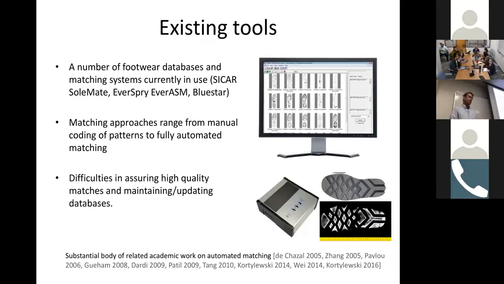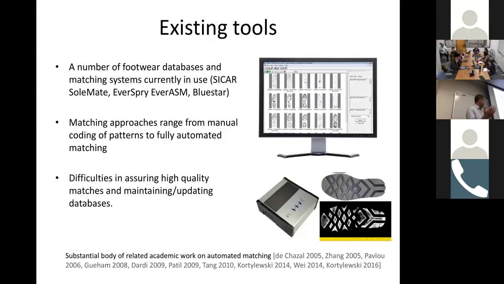These databases consist of collections of reference patterns and tools to help you query that database, either by manually coding the tread elements that you see on the bottom of the shoe or by more fully automated matching. These systems are useful, but it's still challenging to search through them effectively. Another challenge is that they need to be constantly maintained as new footwear appears on the market.